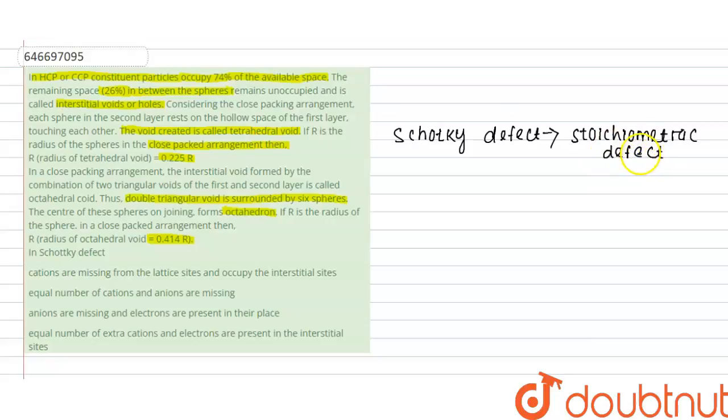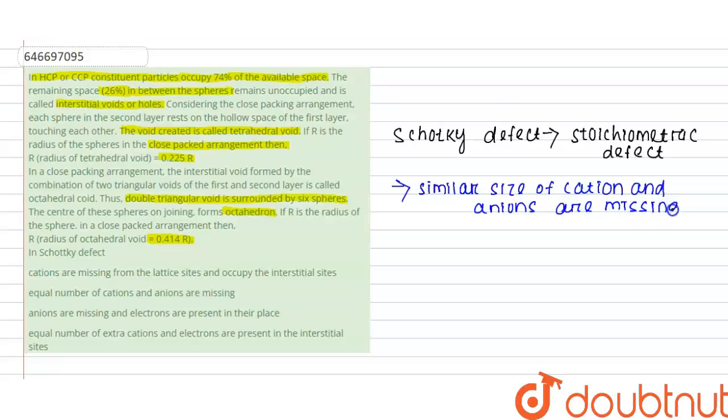In this defect, similar size of cation and anion are missing from their lattice site.